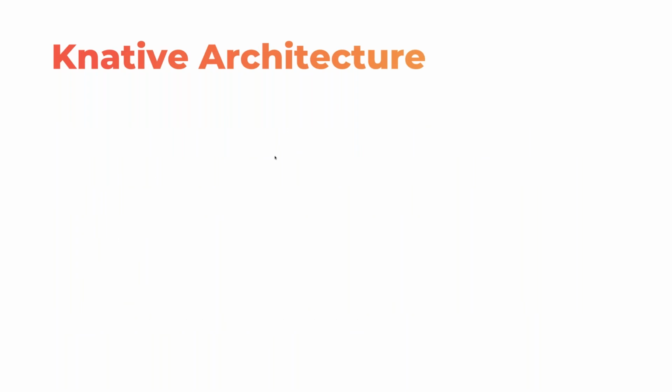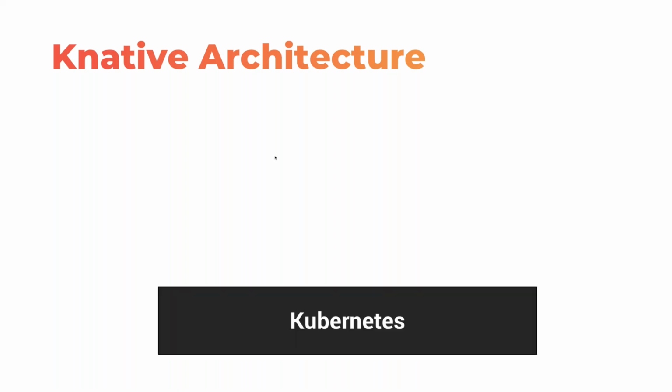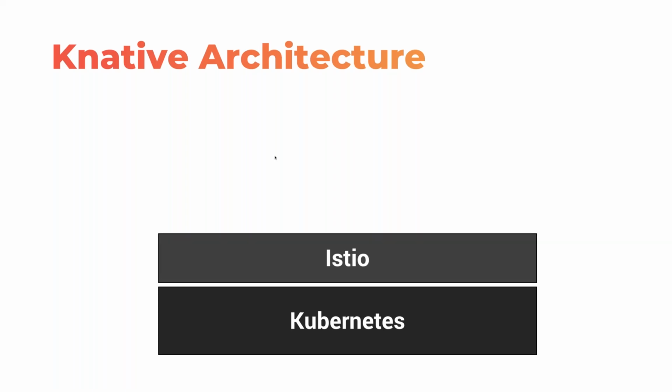There is nothing fancy or complicated about the architecture or concept of Knative. It is basically built on top of Kubernetes. So there is Kubernetes, which is the infrastructure layer. Then there is Istio. Now I have done a bunch of sessions on Istio. You can find them on my YouTube channel. You can read about Istio in my New Stack articles, and I've covered this extensively in my sessions and articles.